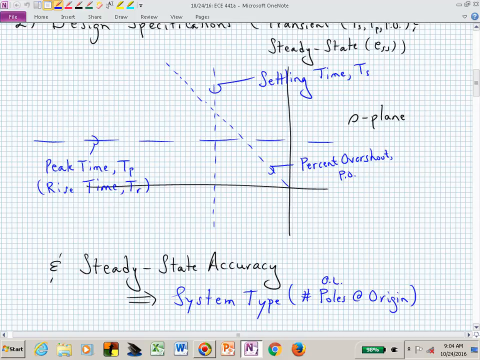But what does having more poles at the origin mean about transient behavior or stability? You're putting all of those poles right on the stability boundary. It makes it more difficult to control the system. But we get a trade-off, and we are able to track with zero error or less error what's happening to our reference input.